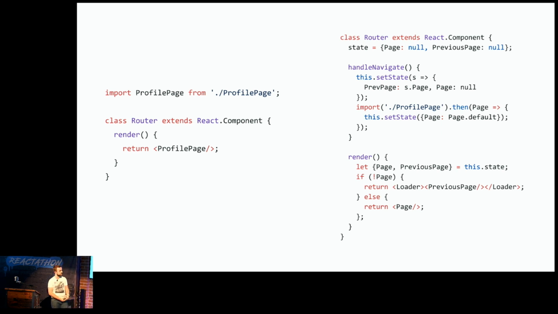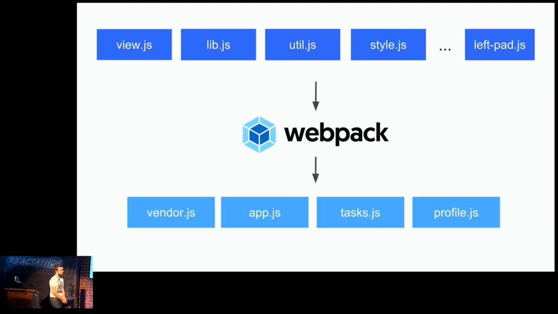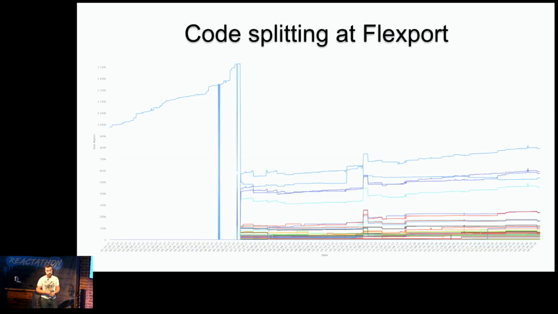And so this is some example code that won't work, but hopefully gets the idea across about how to set that up. And that's really nice because your JavaScript bundles will decrease in size a lot if you have a large application. This example from Flexport actually demonstrates it.